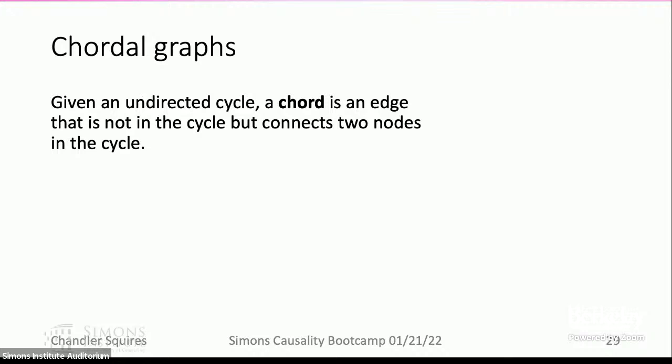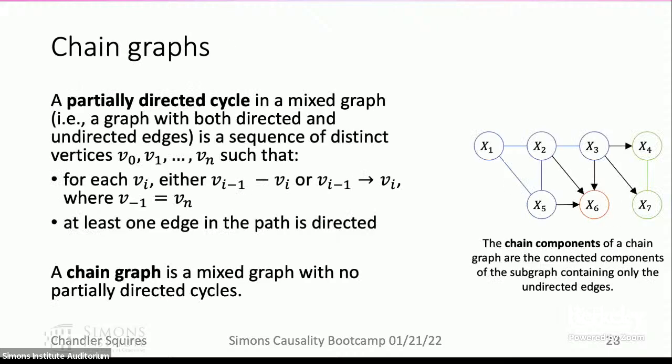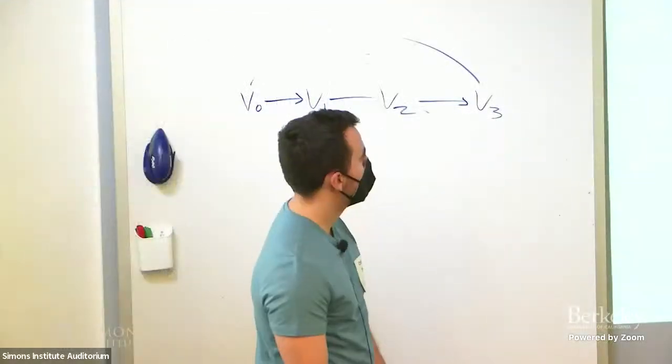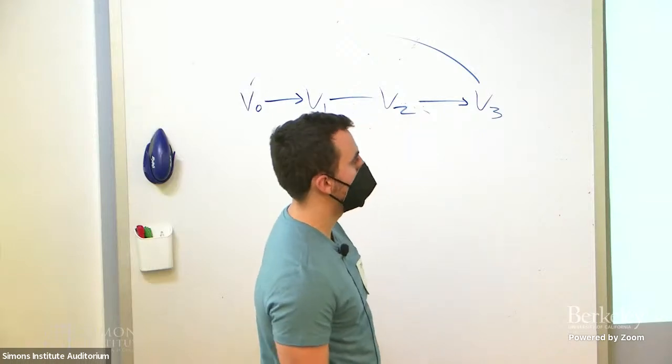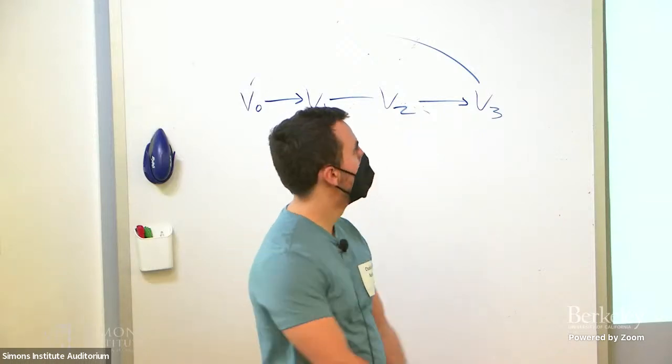The second definition is what a chordal graph is. So the claim is that each of those chain components in this interventional essential graph is also chordal.